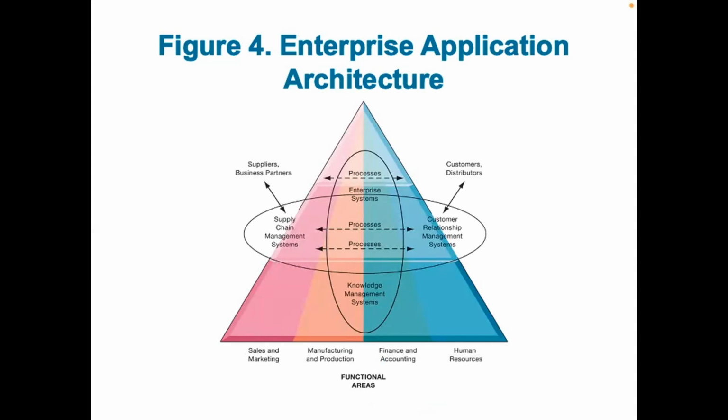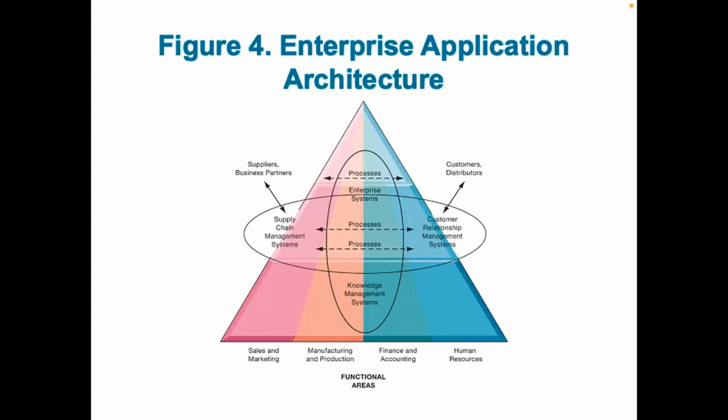But when we are talking about an enterprise application or an ERP, it will serve all the structure horizontally, and what? Vertically. All the functional areas are served by this oval, and the system will also serve all the different levels, from top to bottom. With a supply chain management system, the system is integrated in such a way that they will be able to communicate with their suppliers and other business partners.